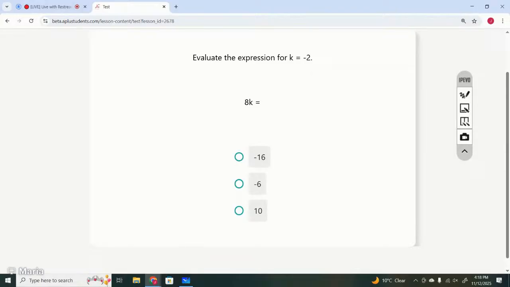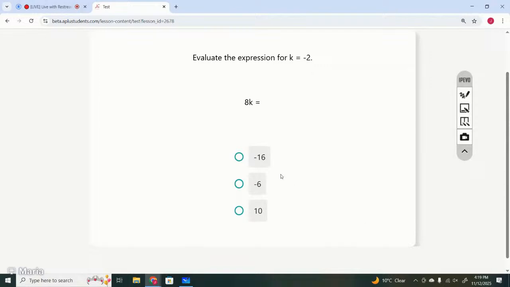So 8 times negative 2 equals negative 16.